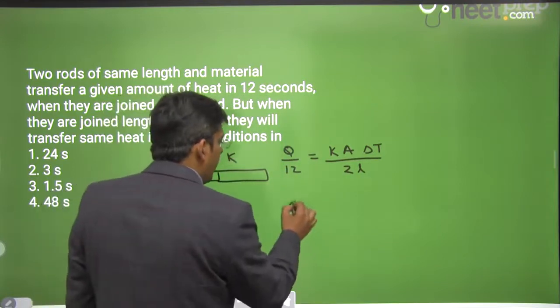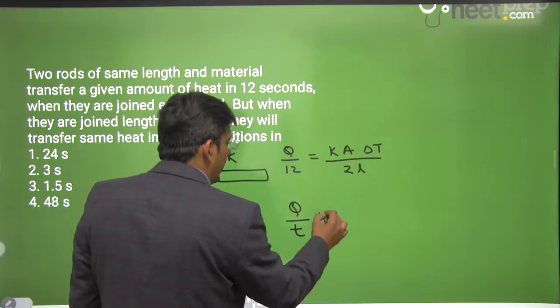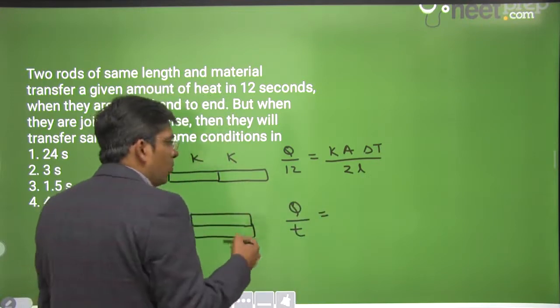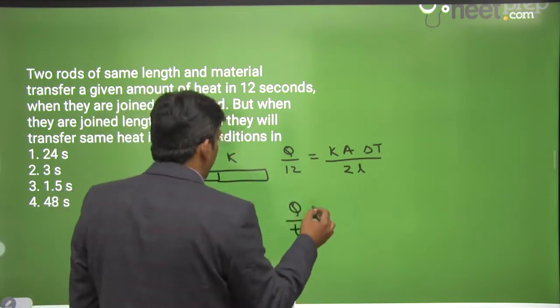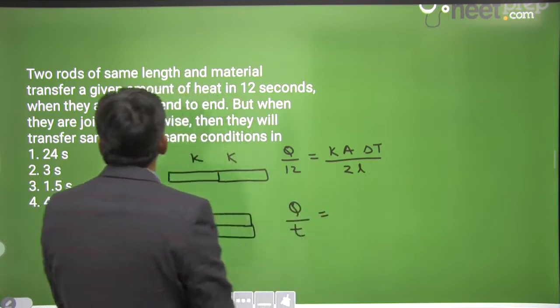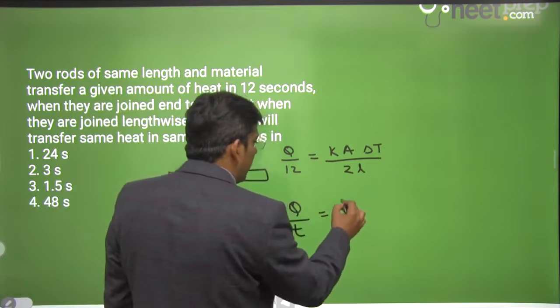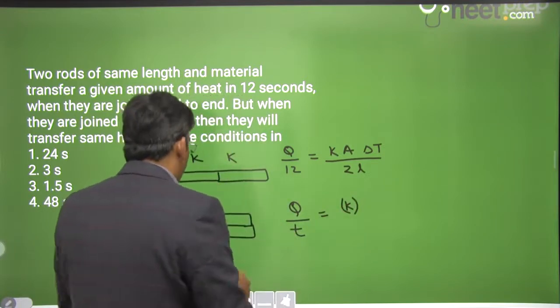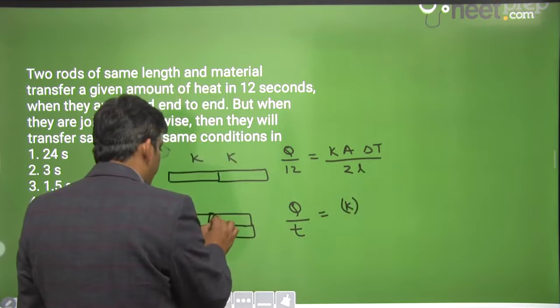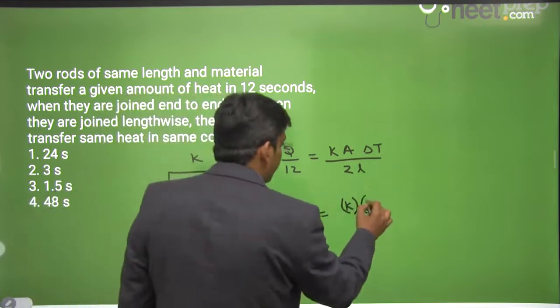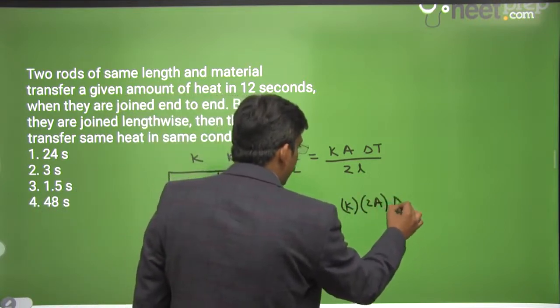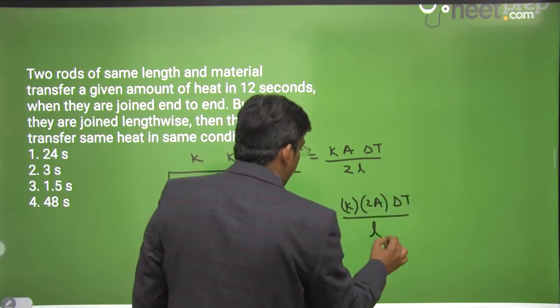Now we want the same heat to be radiated in some time T. So effective value of K is K1 plus K2 by 2, right? Yes, it is. This is K basically, and area is 2A into delta T divided by length, dear students.